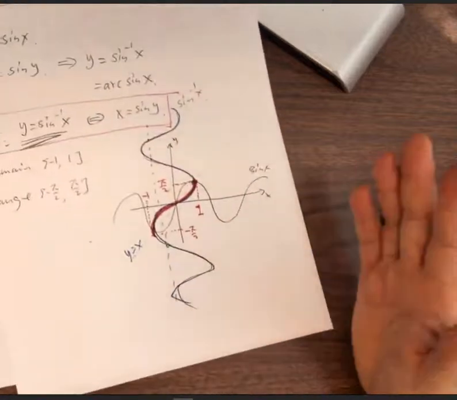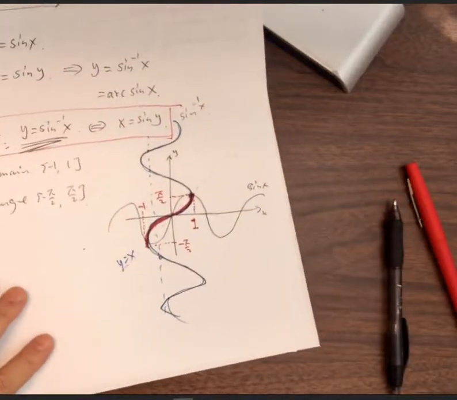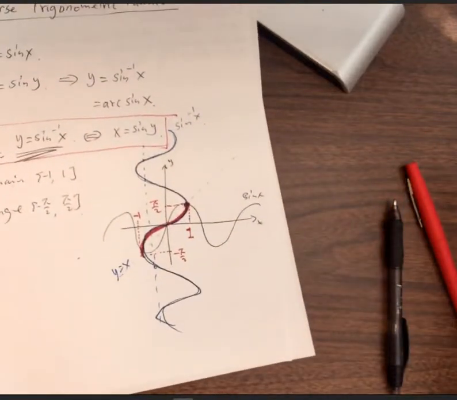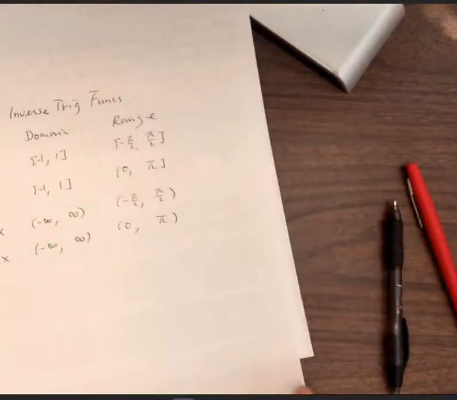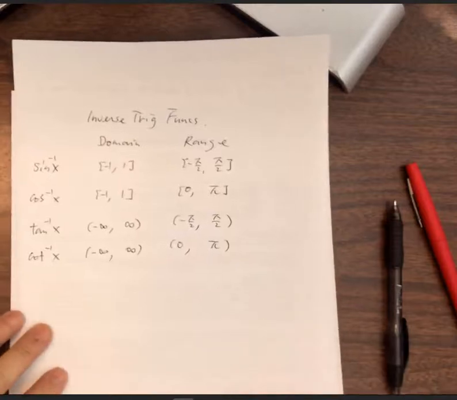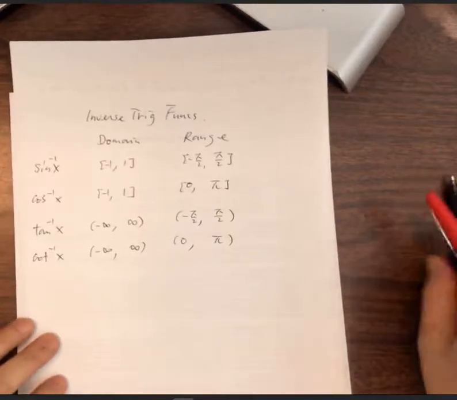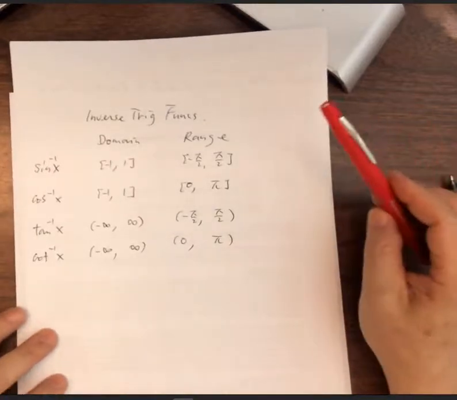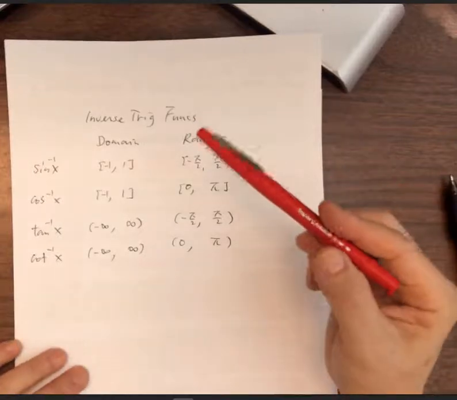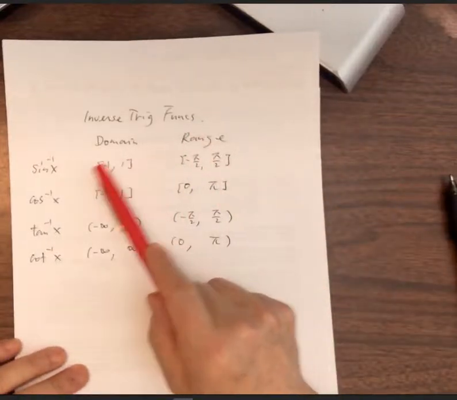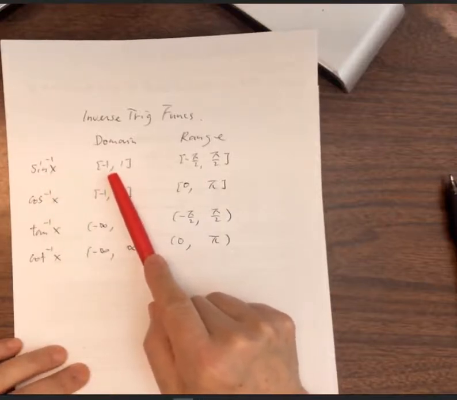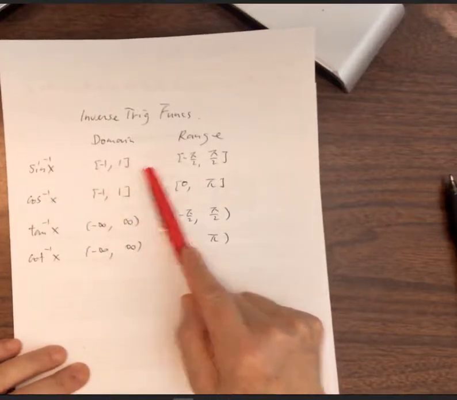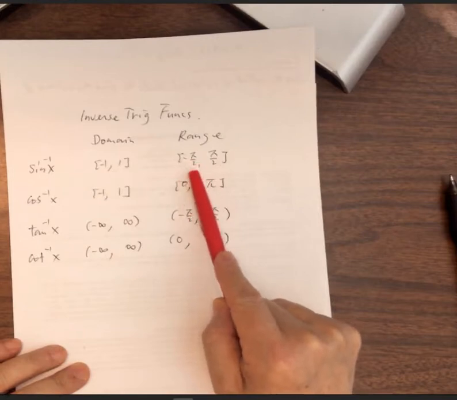And here, this is calculus, so we're not going to go over all this trig stuff. I do have a simple summary here. So inverse sine, like I just showed, domain is -1 to 1, range is -π/2 to π/2.